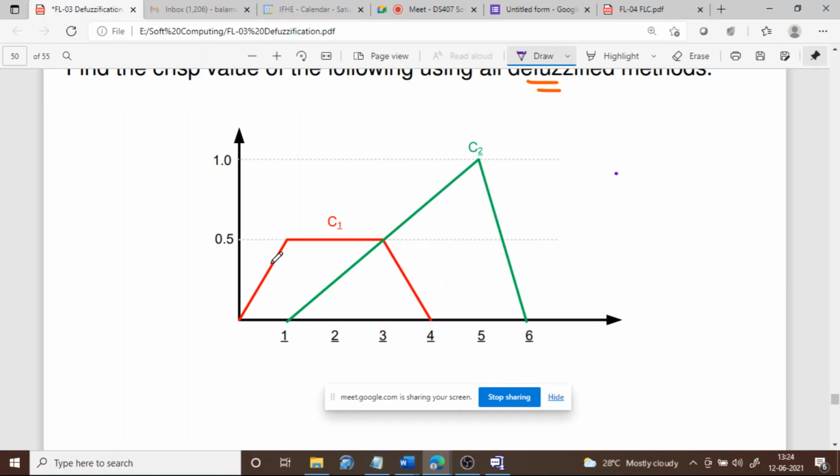Yes. First you have to take the union of these two plots. If you take the union of these two plots, how will the plot be? Up to 3, the output will be from C1 or C2.